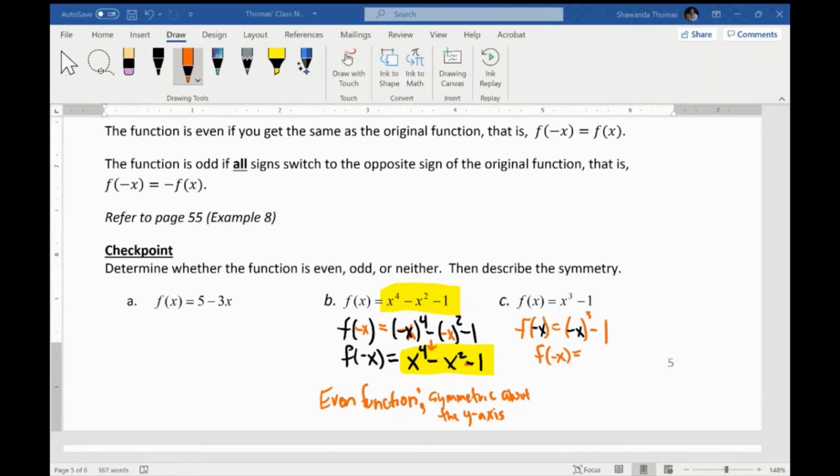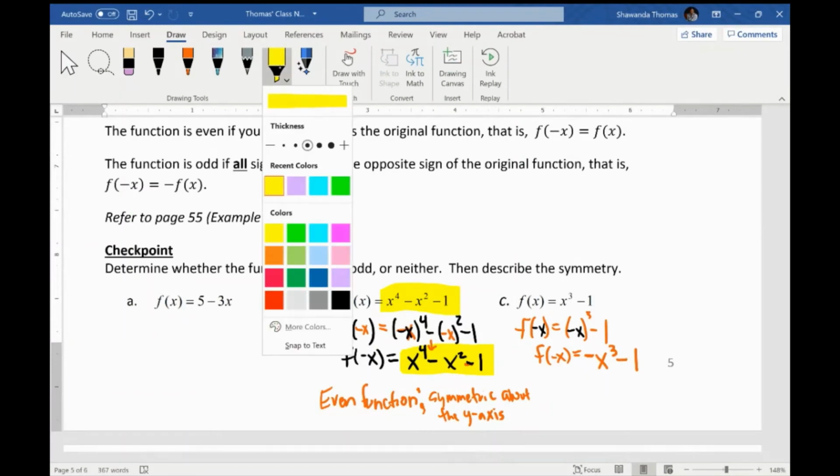Negative x in parentheses cubed equals negative x cubed. So notice here we had an odd exponent, so it's going to be negative. All right, I'm going to write down my minus 1. Nothing else we can do here.